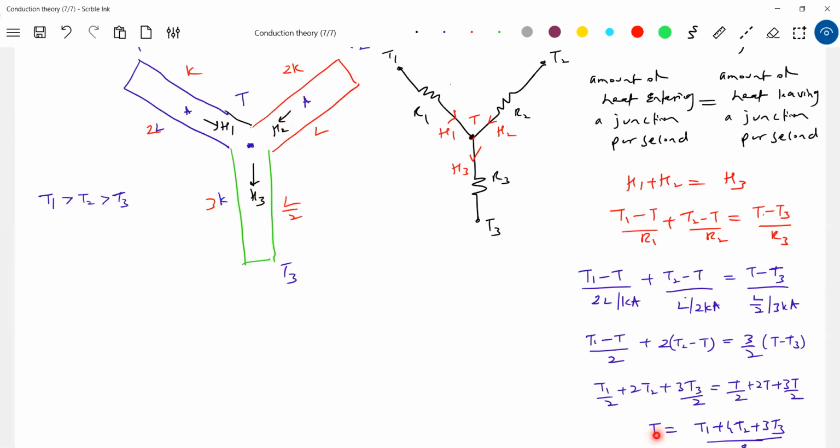You solve it, because what about this one? If T is greater than T3, then the heat will flow here. If T is greater than T2, then the heat will flow here. Then you change the direction of current, no problem. Heat current. Sir, are you sure that H2 will be like this? I'm not sure. I'll calculate the value of T. If this T is greater than T2, in fact, H2 will flow. No problem. We just took the algebraic sum here.